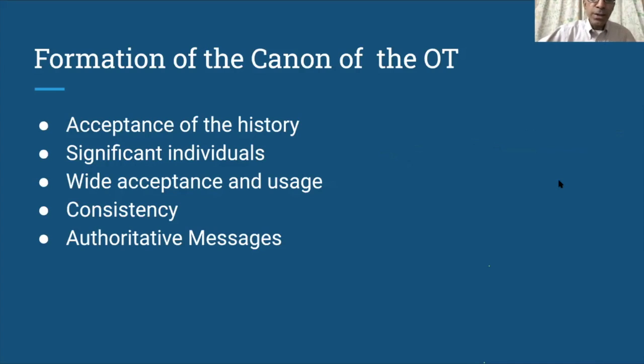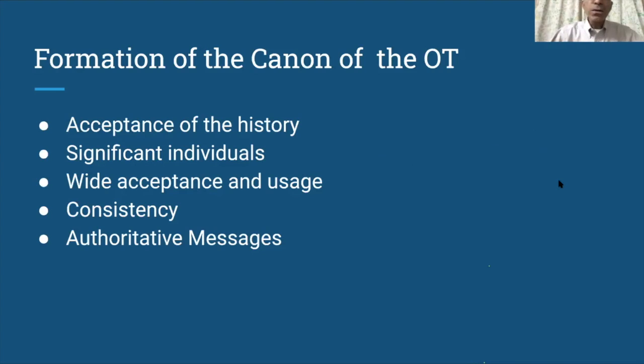Obviously, during the time of the monarchy, the kings, the prophets, and the priests were very prominent. But along with that, there was a group of people called sages. These were the wise people of that time, the elders of that time. These people were all valued highly, and what they accepted as part of the history also was accepted by the rest of the people.